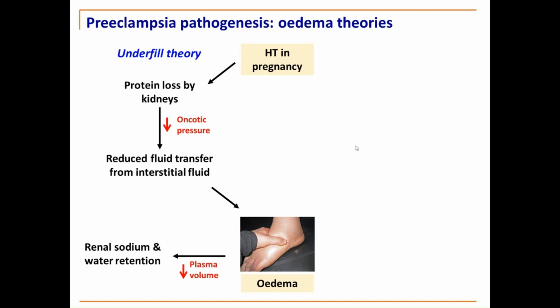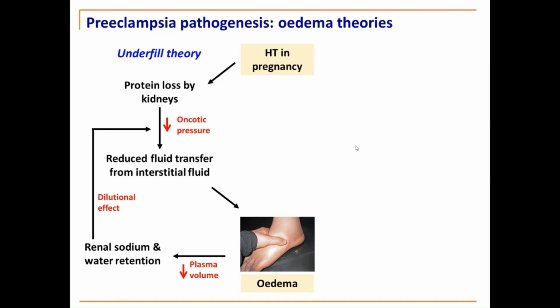That is detected via the kidneys through reduced GFR, leading to an enhanced renal sodium and water retention, and therefore we get the dilutional effect because we're retaining sodium and water. So we start to get a reduction in oncotic pressure, more builds up in the interstitial fluid, and again you get this vicious cycle.